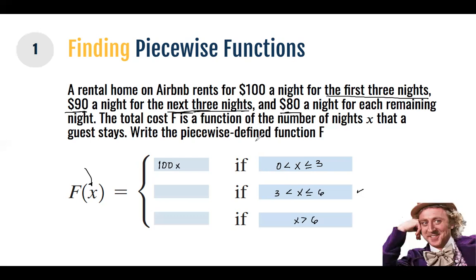So we have to consider that we have already paid the first 3 nights at a rent of $100 a night. So we're going to have $100 times 3. And the rest is going to be $90 a night.